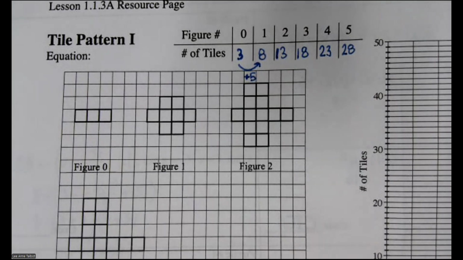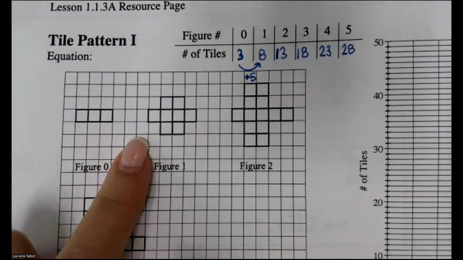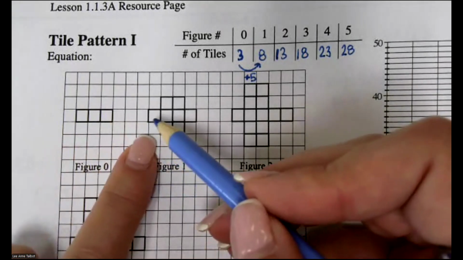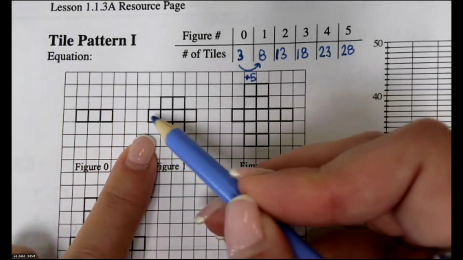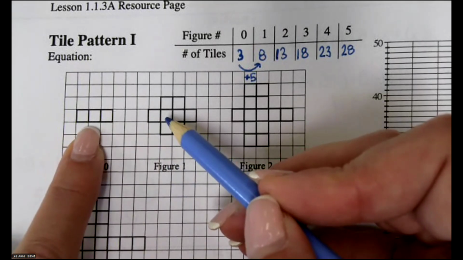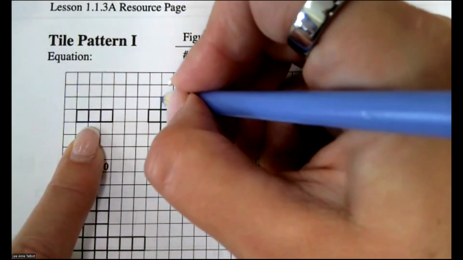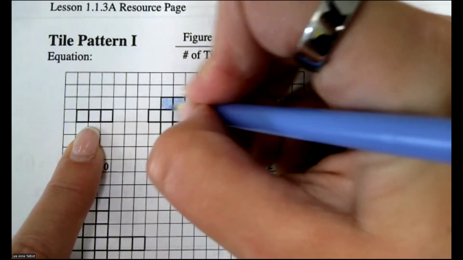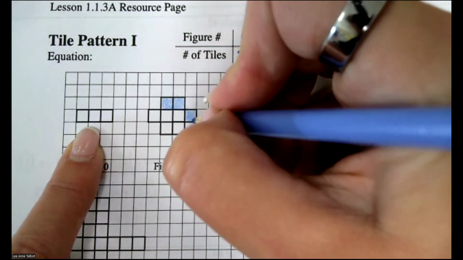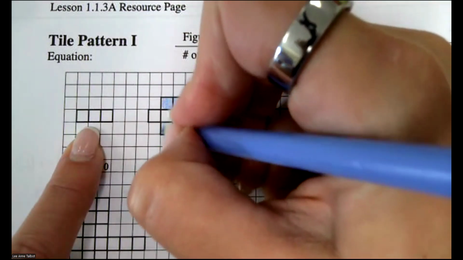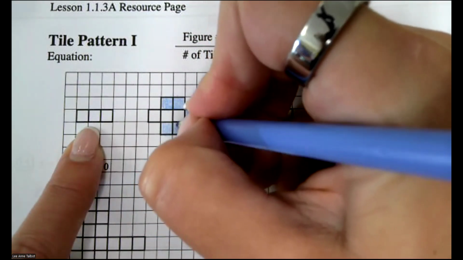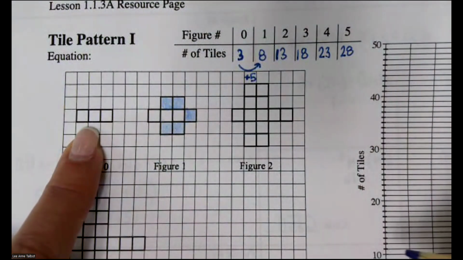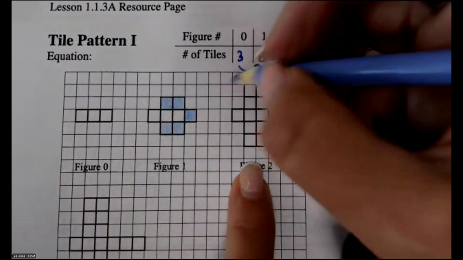Now we have to decide on figure 1, what were the new ones? I'm going to say that these 3 here are the original 3. So I'm going to shade in the new ones as the top 2, the guy on the side, and the bottom 2. Okay, next one.